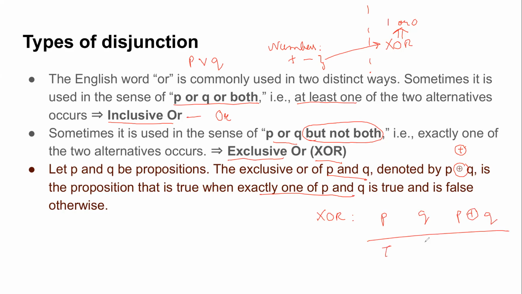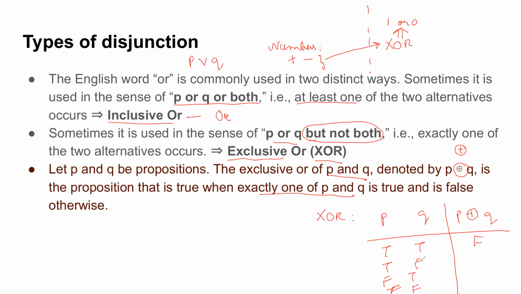So I have four possible combinations. What should be the answer if I write true, true? Remember what exclusive or is. It is true only when exactly one of them is true, right? So if both of them are true, then it is false, because as we said, we are going to exclude the both case.